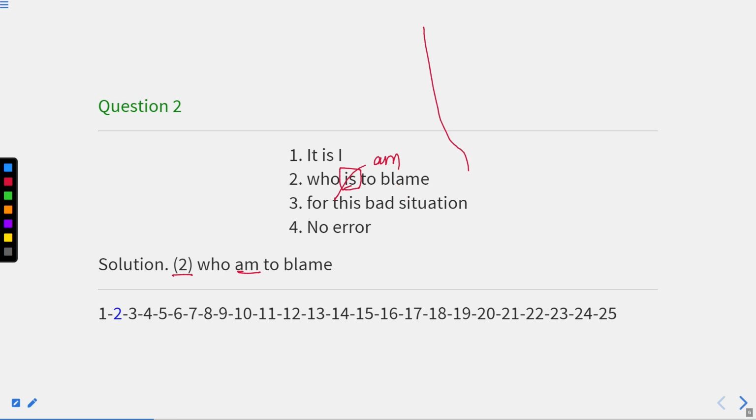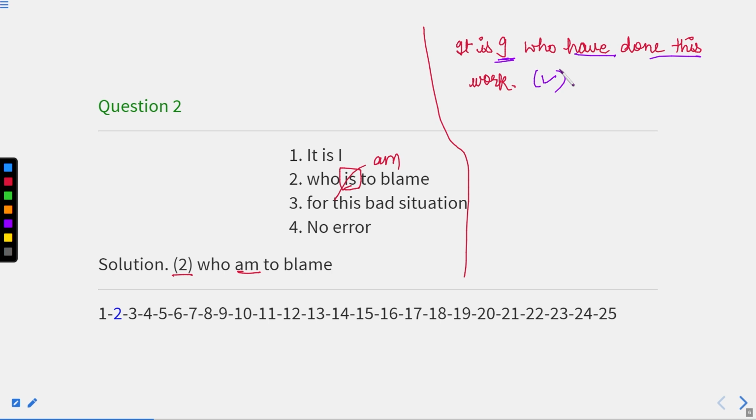For example, if I say, it is I who have done this work, this sentence is absolutely correct. First of all, let me clear why this I came here.